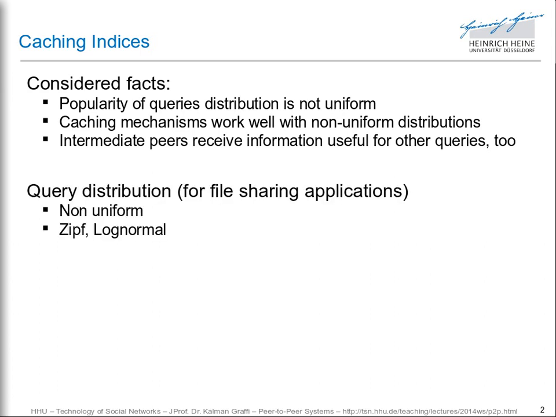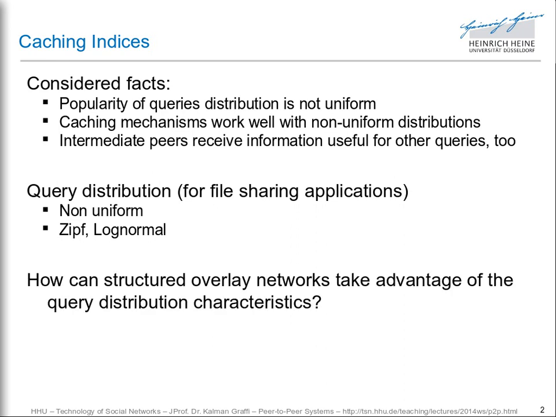The query distribution, for example for file sharing applications, is non-uniform. They are Zipf distributed or log-normal. So for these distribution types, we can use caching mechanisms.